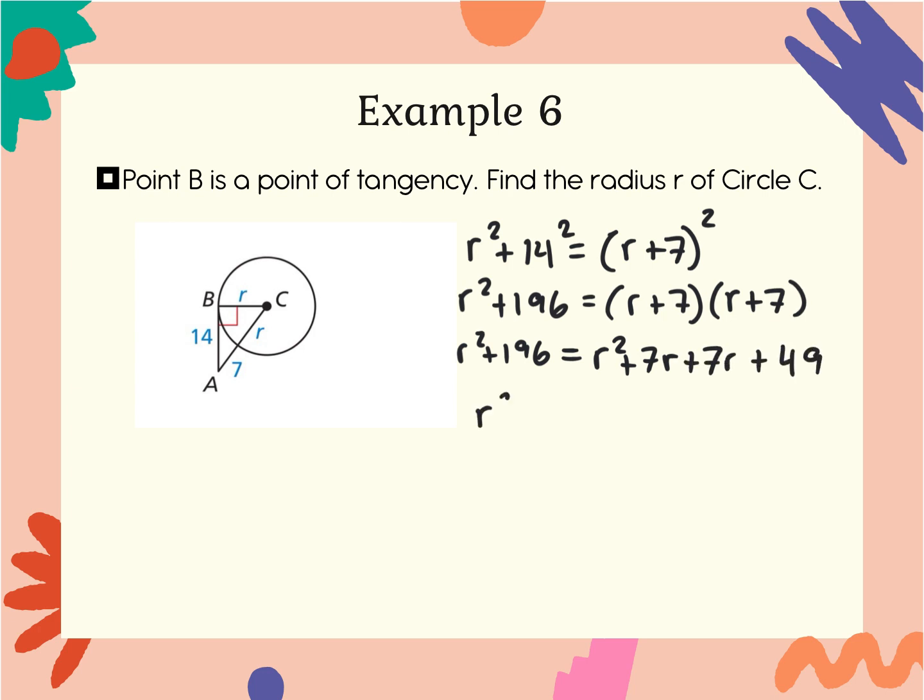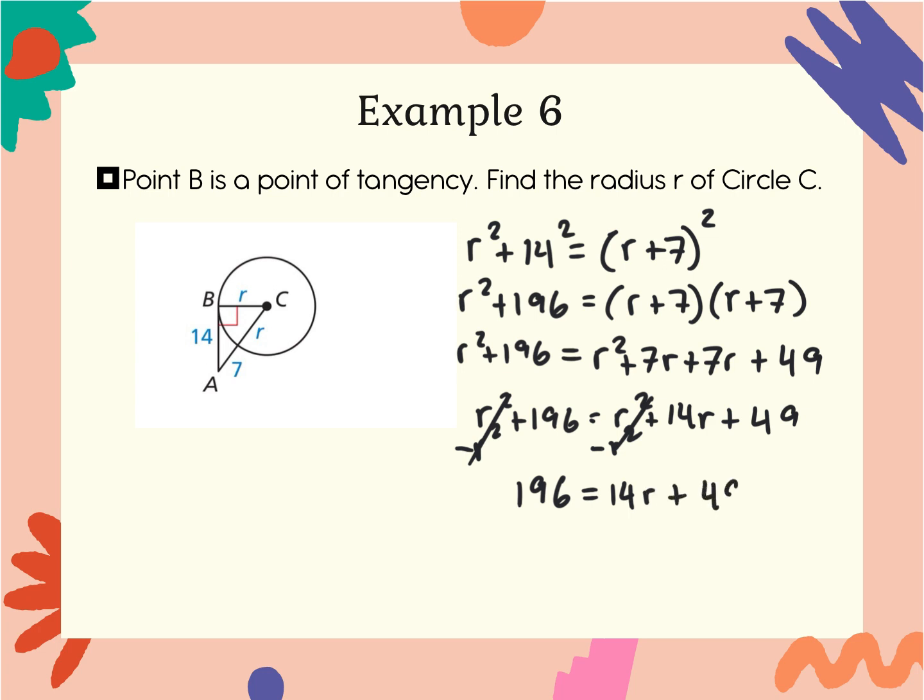So it's going to become r squared plus 196 equals r squared plus 14r plus 49. I subtract r squared from both sides. They happen to cancel out. So we're left with 196 equals 14r plus 49. I'm going to subtract 49 from both sides. And I get that 196 minus 49 is 147.